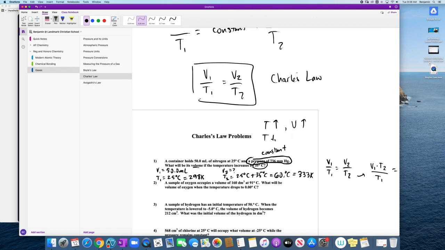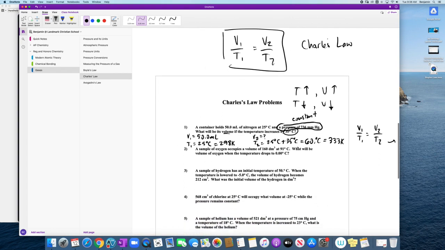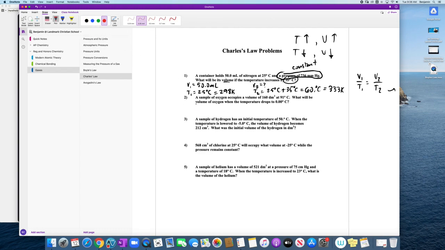And as we drop the temperature, the volume drops. Those arrows are pointing in the same direction. Whenever we change the temperature, you get the same type of change in volume. That's Charles' law.